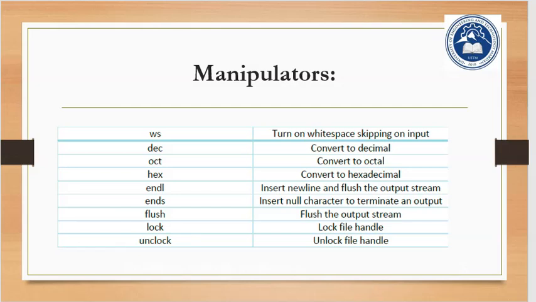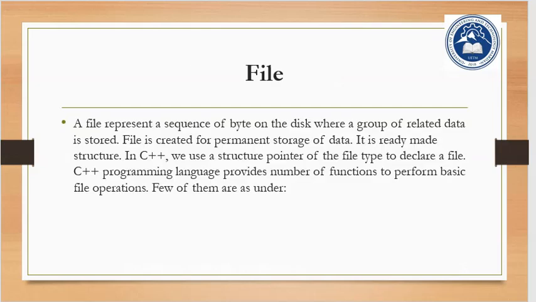A file represents a sequence of bytes on the disk where a group of related data is stored. A file is created for permanent storage of data. It is a ready-made structure. In C++, we use a structure pointer of the file type to declare a file. The C++ programming language provides a number of functions to perform basic file operations.